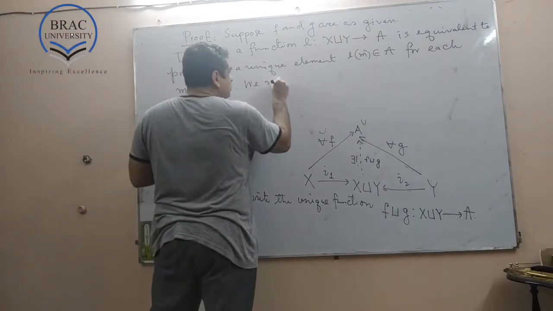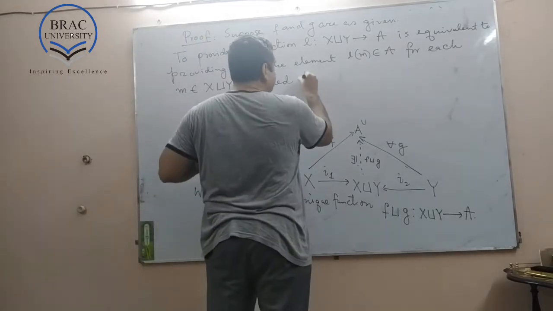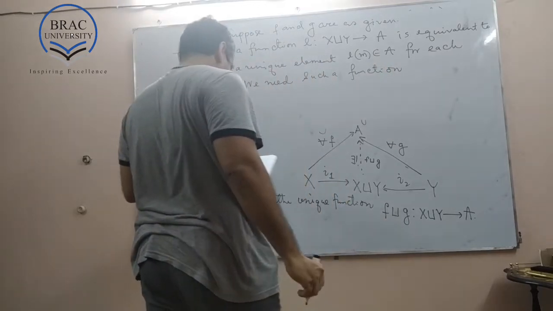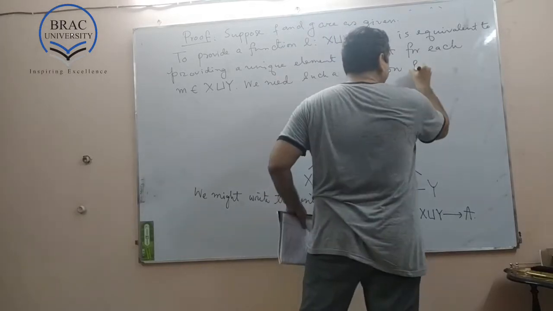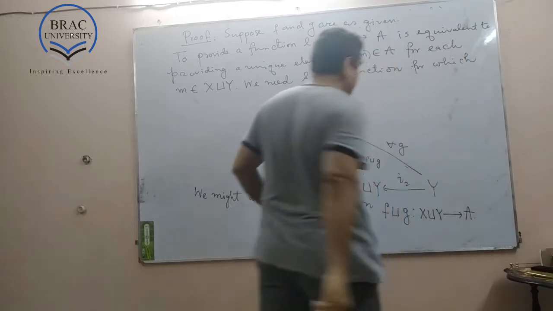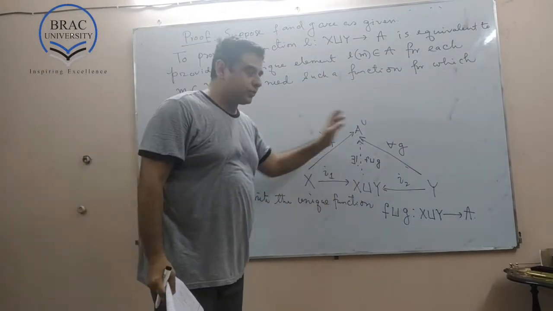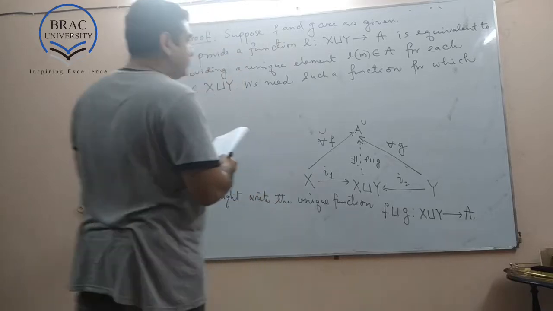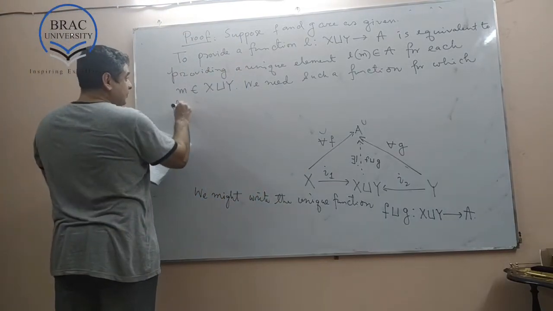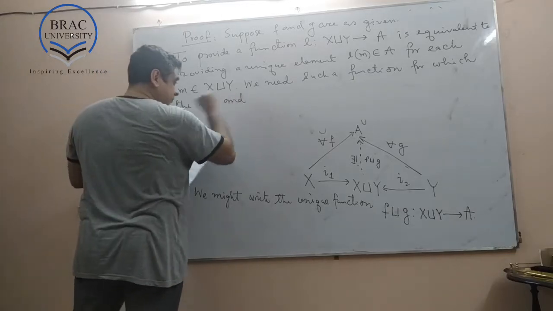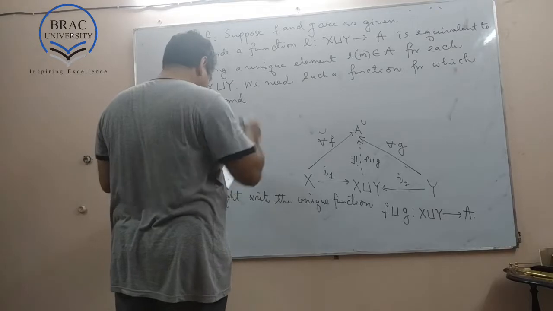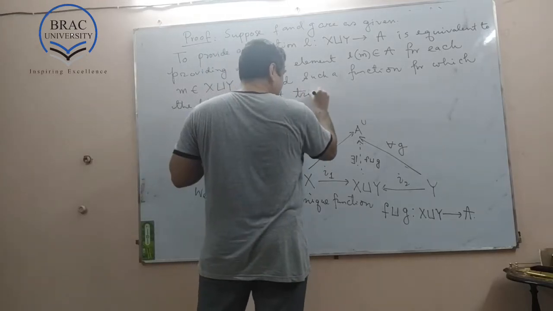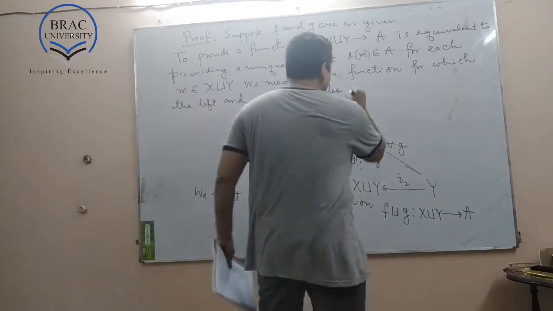We need such a function, so this function needs to be figured out such that both the left-hand triangle and the right-hand triangle in the diagram commute, for which the left and right triangles commute separately.